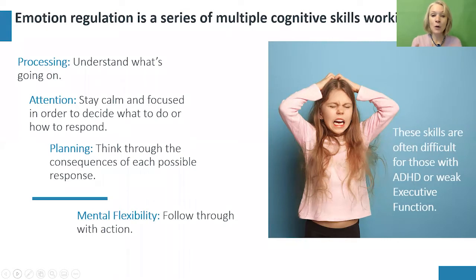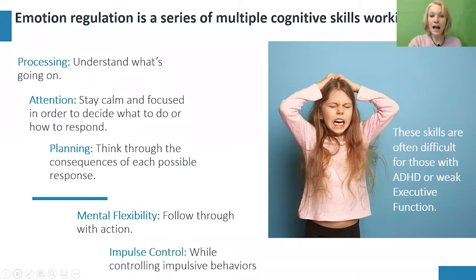The ability to take this current situation and apply that strategy that you think is best in that moment. So it might be completely opposite of what you were doing, but now you have to be mentally flexible and enact that strategy that you're thinking about. And all during this time, you have to control your impulses, right? You have to have that ability to not just react, to stop, think, and then act.